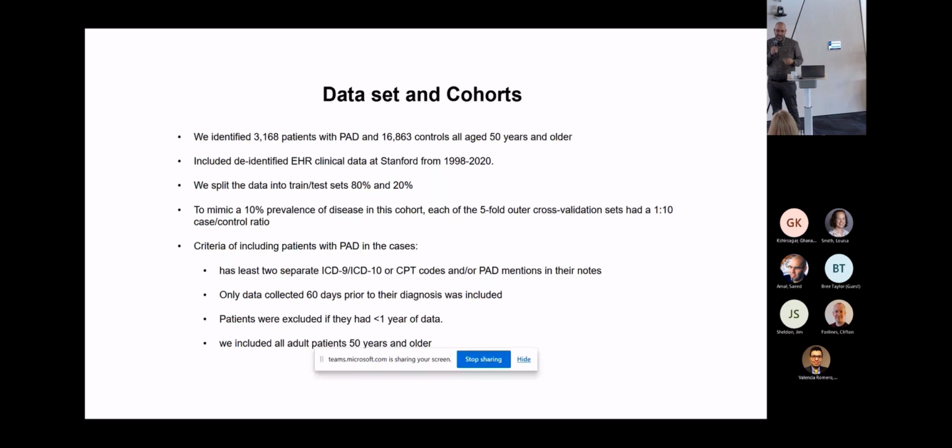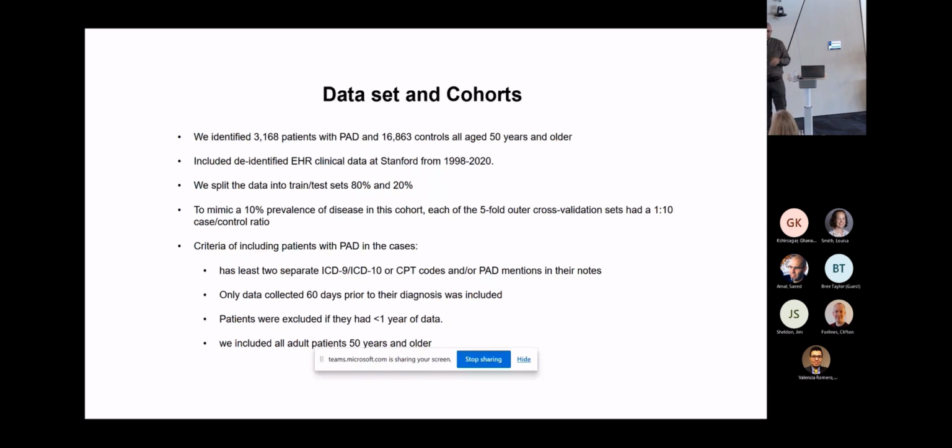We included only data that is prior to 60 days before the diagnosis, so we don't include predictors of the disease. We also required patients to have 1 year or more of history, and only patients 50 years and older.